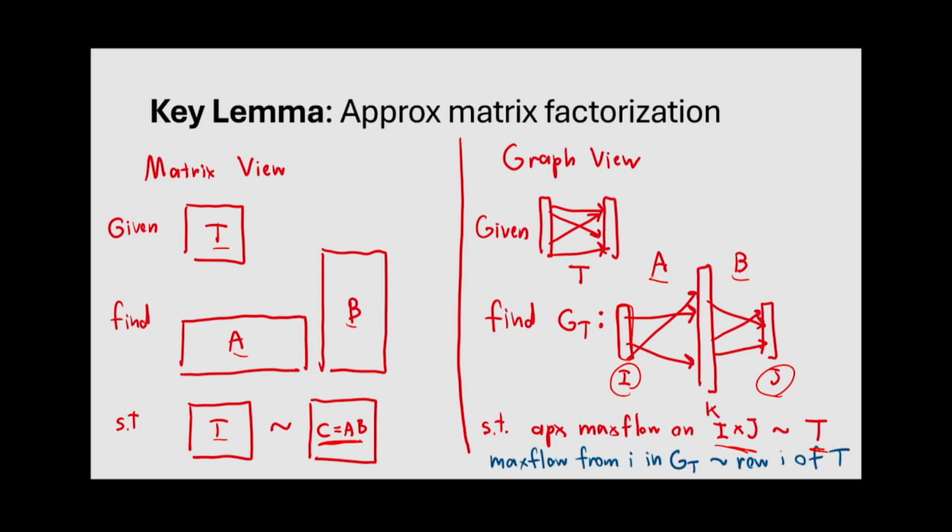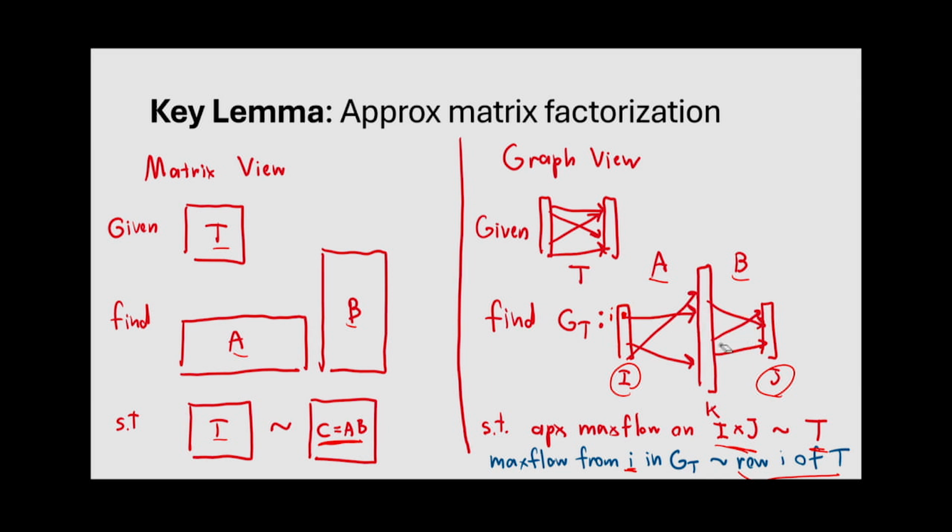In particular, if you focus on just one node i, the max flow from i to everyone on the last layer here should correspond to the ith row of T. That's what we want to do.